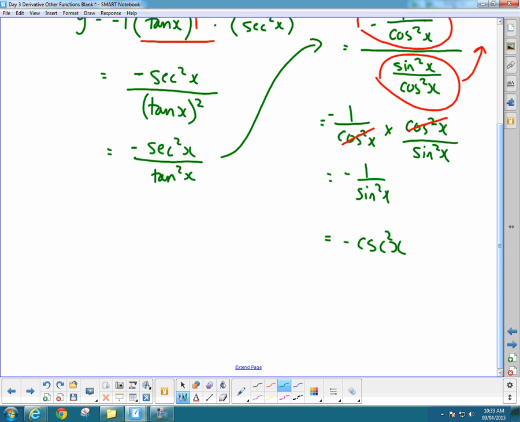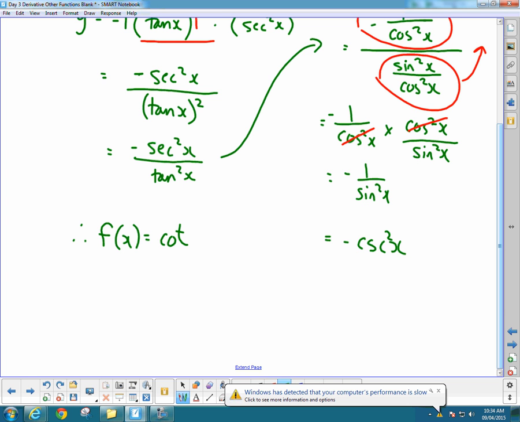So the derivative is negative cosecant squared. So what that means is if f of x is cotangent, f prime of x is negative cosecant squared x.